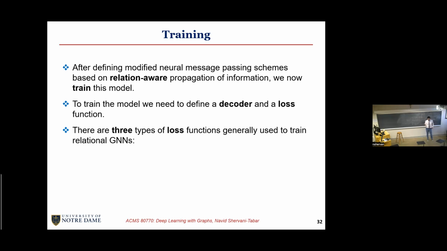So now what we want to do is train these models. To train these models, we discussed the encoder now. In the previous session, we discussed different types of decoders that we can have. And as a reminder, for multi-relational graphs, during reconstruction we assume that we're just reconstructing the existence of different types.